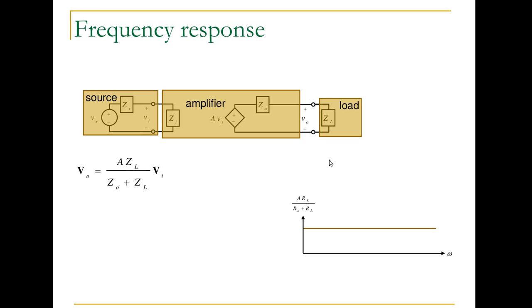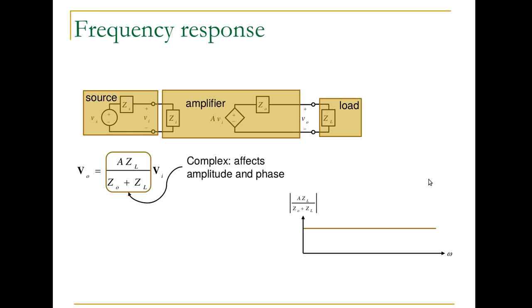And amplifiers also have non-ideal frequency response. We would like it if the amplitude or the gain was identical no matter what the input frequency. But the impedances in the amplifier are complex, and so they affect the gain at different frequencies.